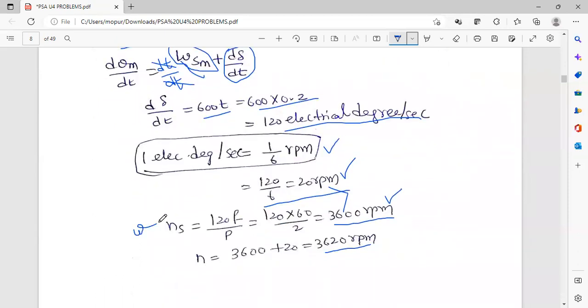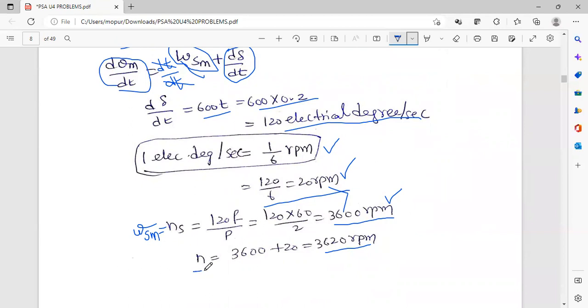We need omega Sm in RPM, so you should not find it as 2 pi into ns by 60. The 2 pi into ns by 60 will give radians per second, but we need RPM. So we find the value of omega Sm, and we get the value by adding these two.